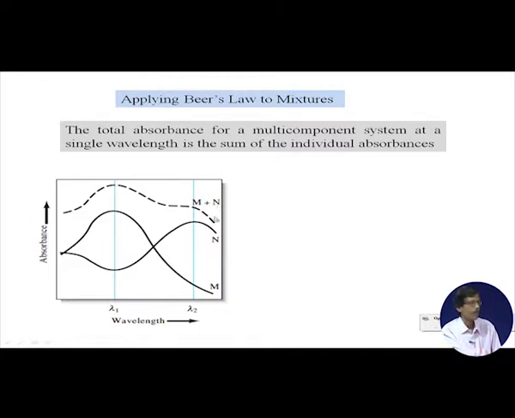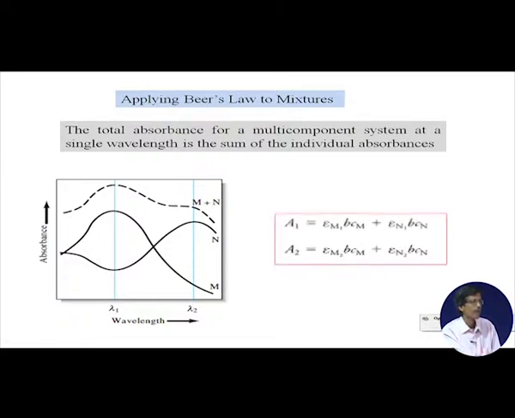We directly apply Beer's law for that, and the formula will be this. These two absorbances, A1 and A2, are such that A1 is the total absorbance of M plus N at lambda 1, and A2 is the total absorbance at the other wavelength for M and N.